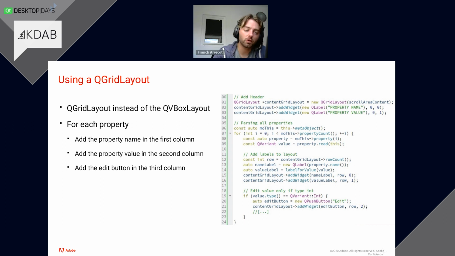Now, instead of doing as before, we add that into a grid layout by specifying add widget, our name label, and now the row and the column. The row is the last index position available, 0 is the column, and then the row again, and 1. So we have it aligning correctly.